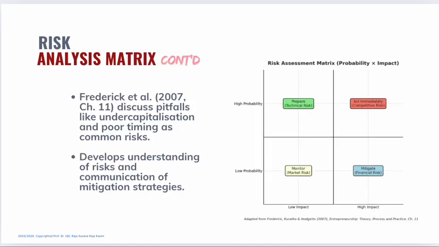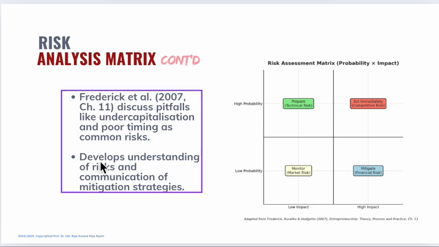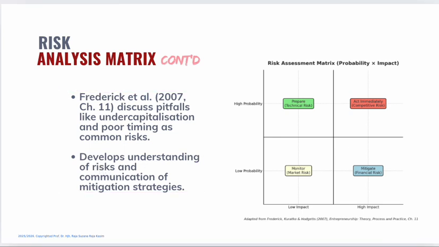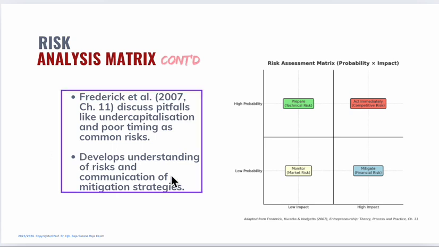So here, take a look. You have also to build whatever we have discussed before in terms of the risk analysis matrix. Let us consider the most common pitfalls that perhaps entrepreneurs might face. According to Frederick in 2007, the two biggest risks are undercapitalization and also poor timing.